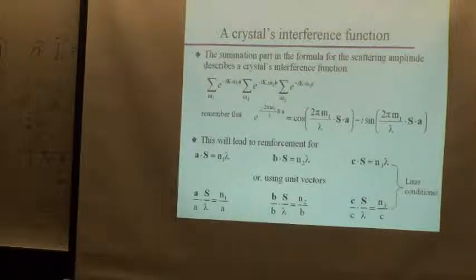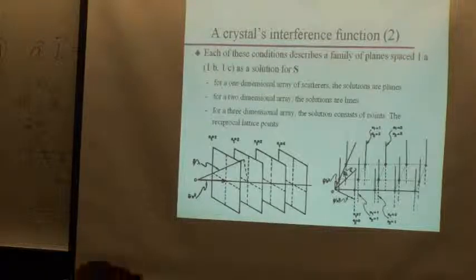And that means any point in a plane that is perpendicular to this unit vector will fulfill it. And you have these planes spaced 1 over b apart because n can change its number. How about the third direction? Should also give us a series of planes, right? So, one dimension is here. What happens if you form intersections between two series of planes that are not parallel to each other? What is the intersection? What does it look like?